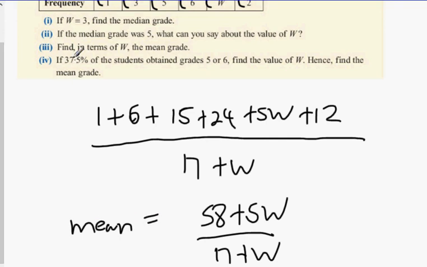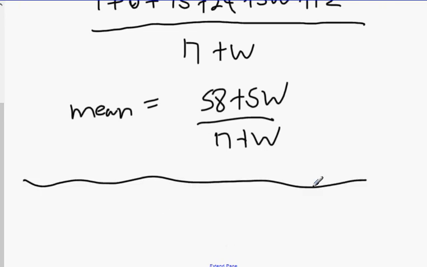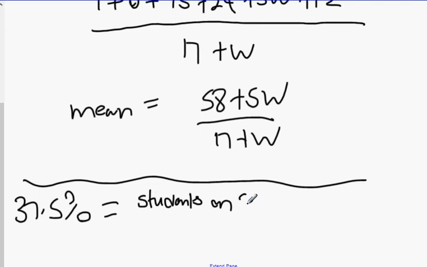Now, if 37.5% of students obtained a grade 5 or 6, find the value of W, hence find the mean grade. Okay, this is a difficult question, okay? Now, what it wants me to do is, it says 37.5%, that equals students who got 5 or 6 divided by total students, right?